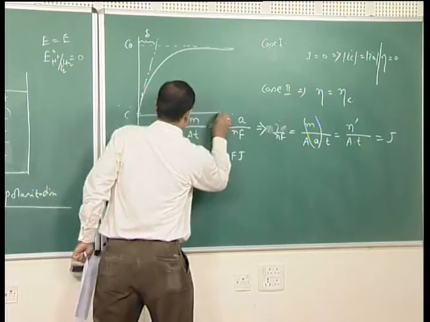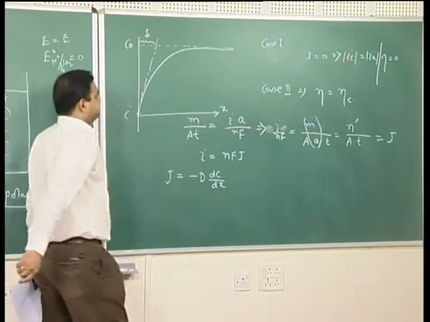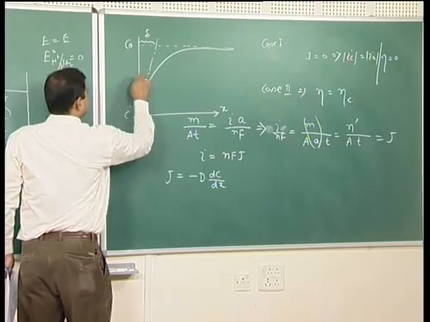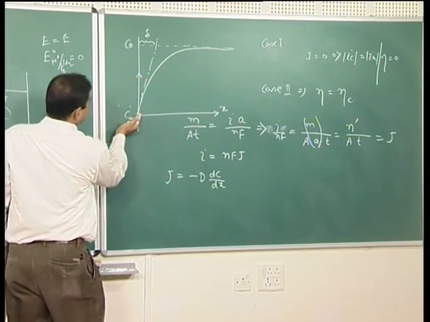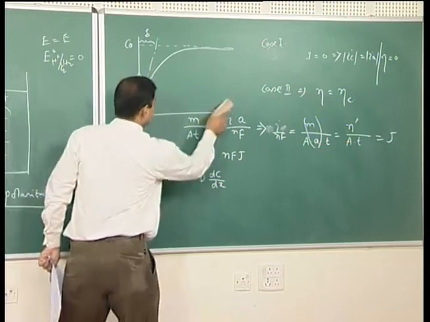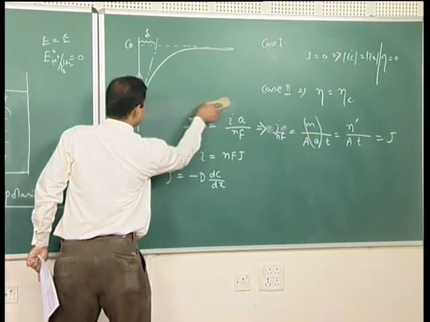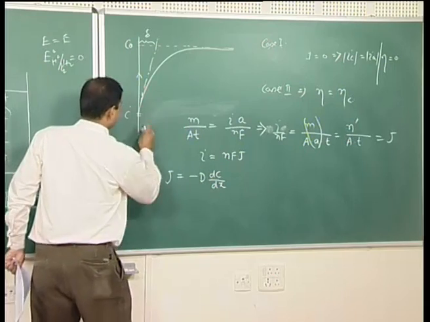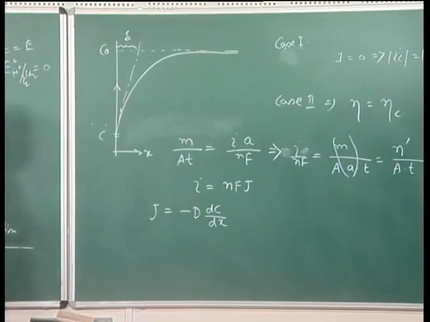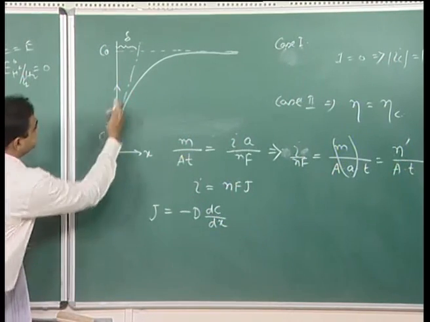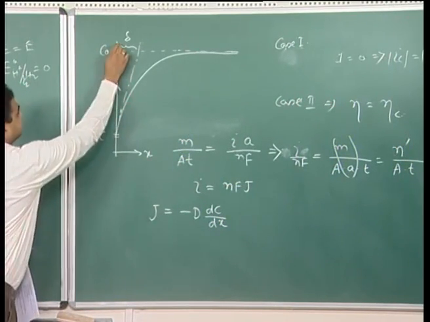So this is my x axis and this is my concentration axis, and the concentration is changing according to this, and this is my metal surface.